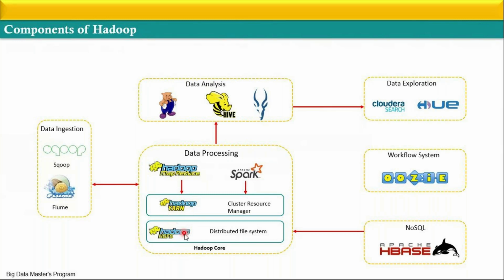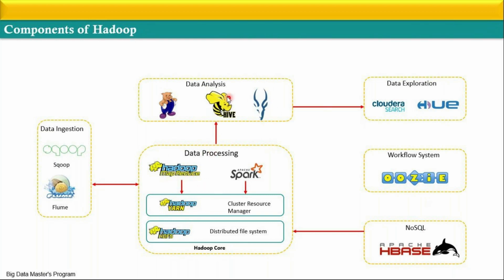Now, for HDFS we are having hdfs-site.xml. For MapReduce we are having mapred-site.xml. For yarn we are having yarn-site.xml. For Core, that is common to all, core-site.xml is the common file.